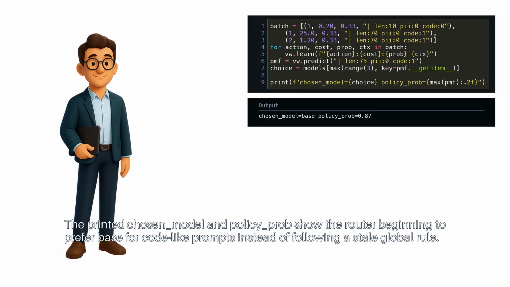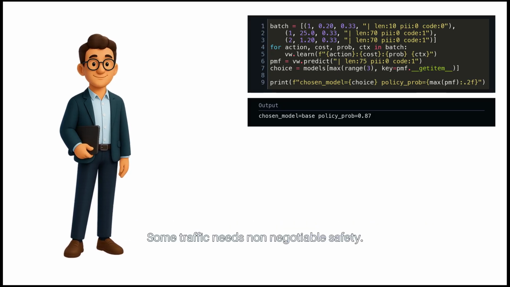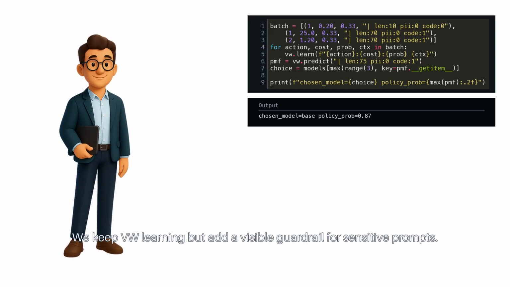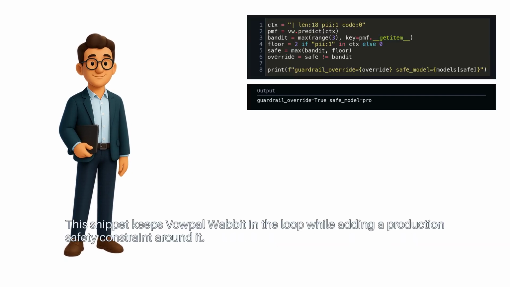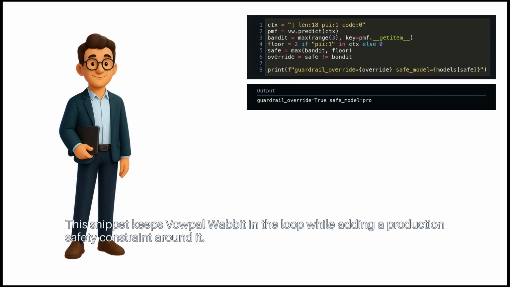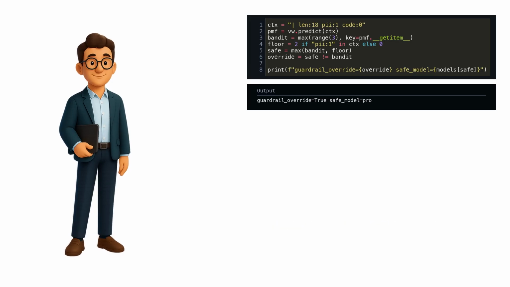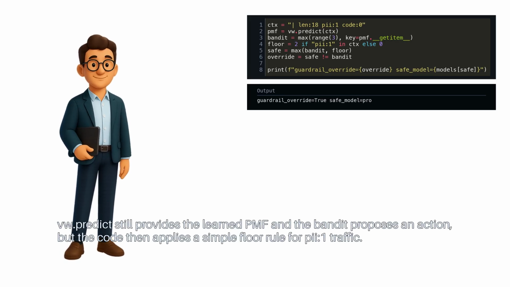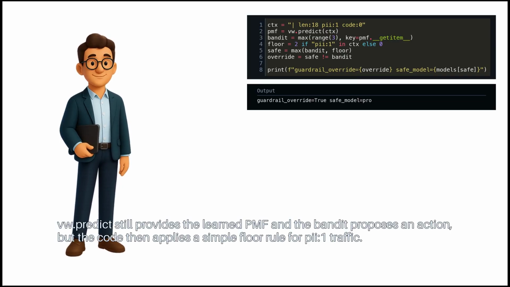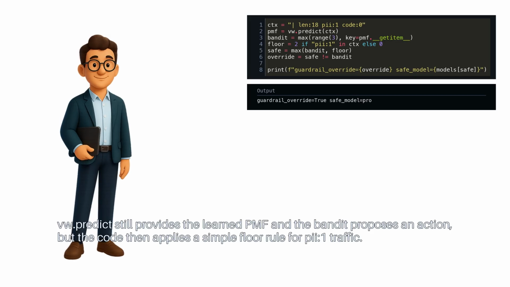instead of following a stale global rule. Some traffic needs non-negotiable safety. We keep VW learning, but add a visible guardrail for sensitive prompts. This snippet keeps Vowpal Wabbit in the loop while adding a production safety constraint around it. VW predict still provides the learned PMF, and the bandit proposes an action. But the code then applies a simple floor rule for PII:1 traffic.